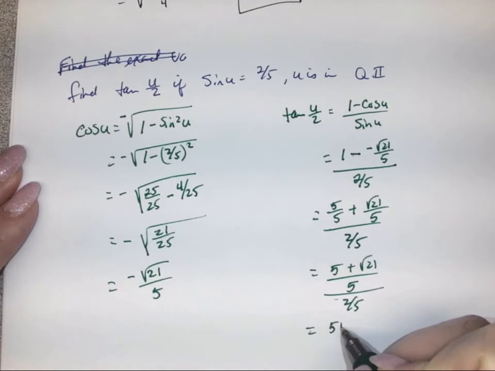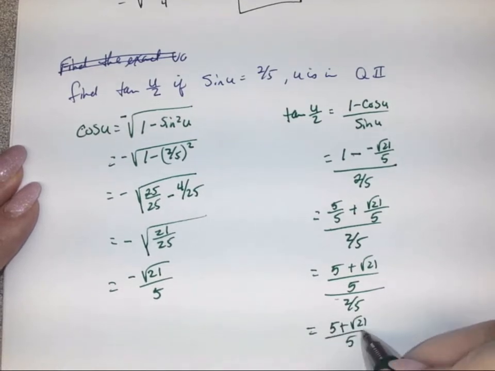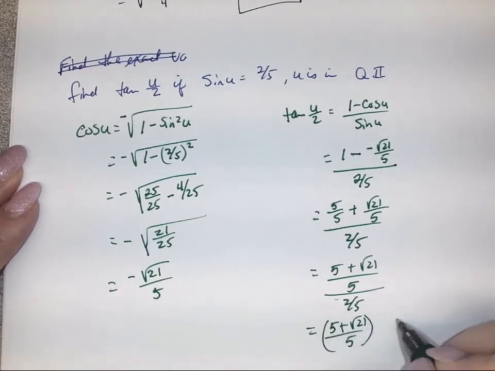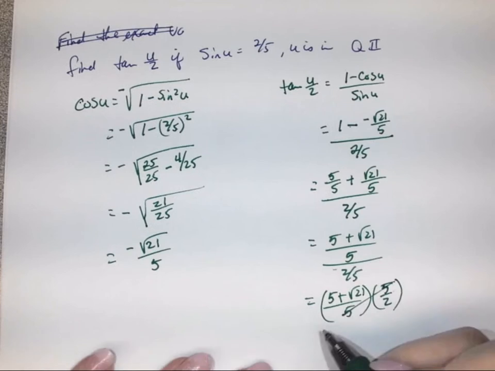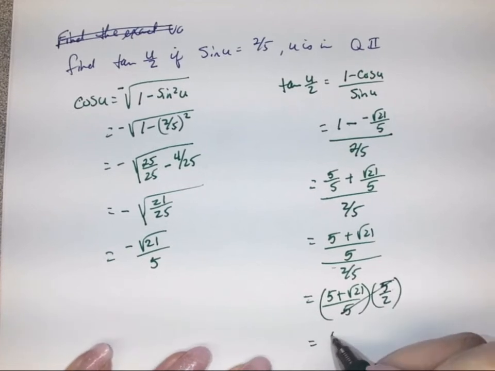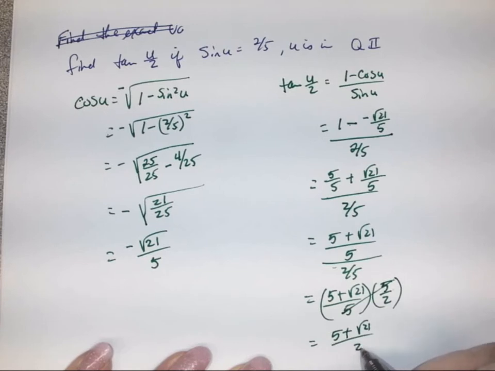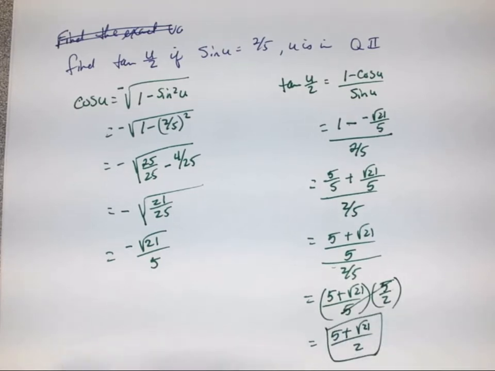So we'll have 5 plus the square root of 21 over 5 times the reciprocal, 5 over 2. Our 5's will cancel, and we'll end up with 5 plus the square root of 21 all over 2. And that would be our final answer for that one.